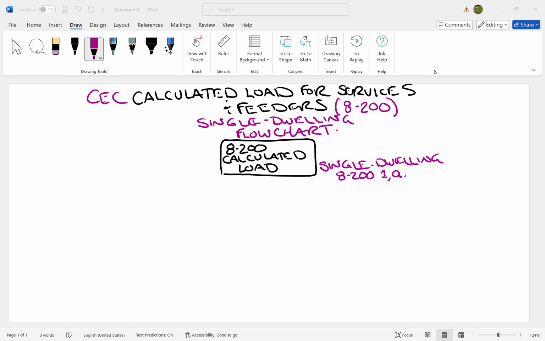Okay, now, are there any other big loads? And do I have room for them on this paper? Any other big loads? Let's go down here. Do I have any other large loads? Other loads greater than 1,500?